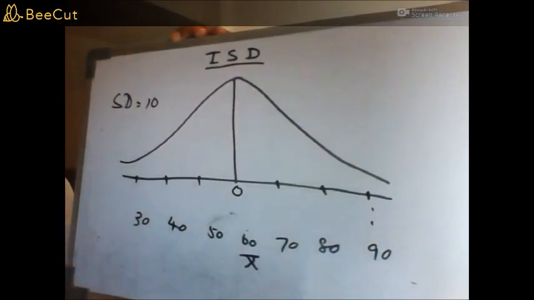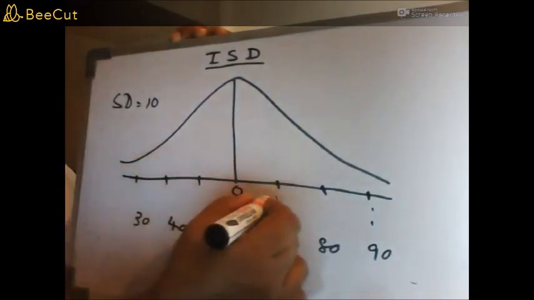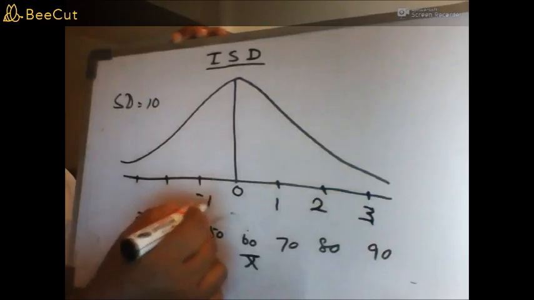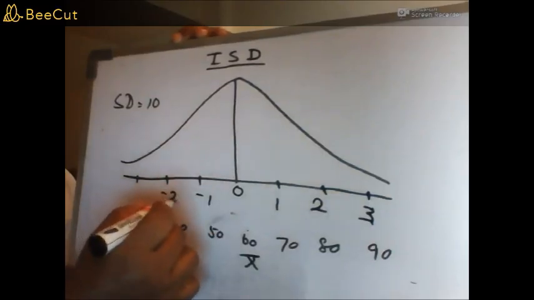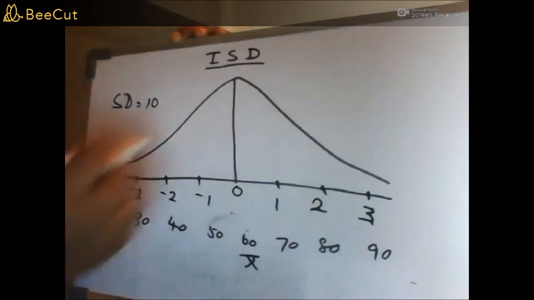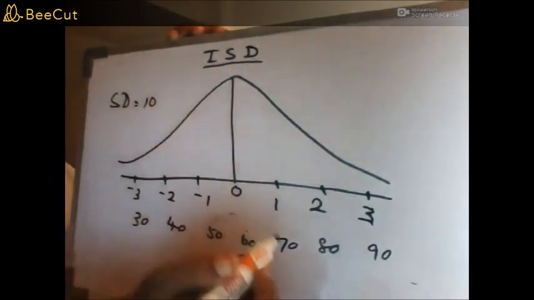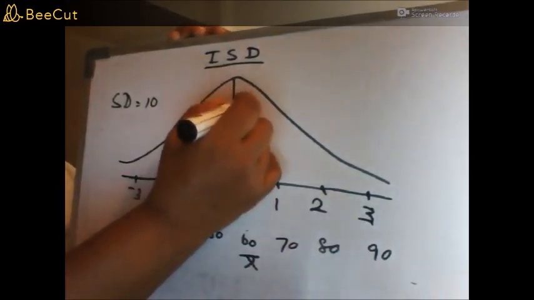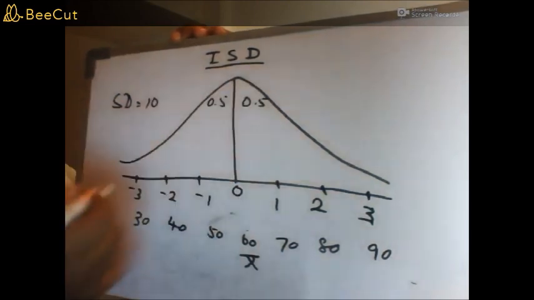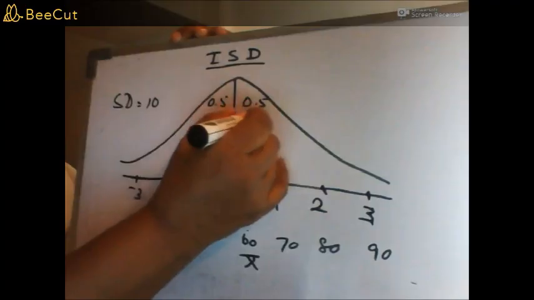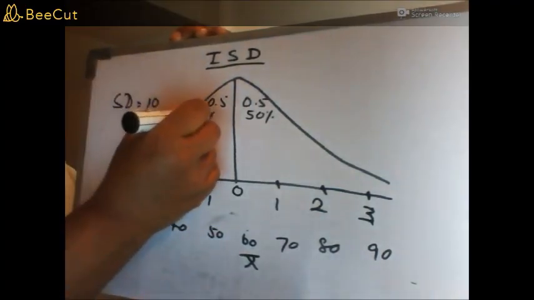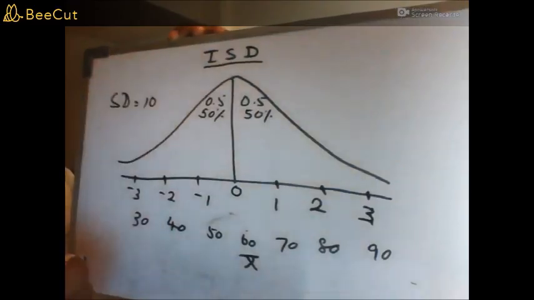I said there are 3 standard deviations above the mean, the plus side, and 3 standard deviations below, the minus side. Now the probability under this curve is 1. This side 0.5, this side 0.5, or 50% of the students have scored above the mean and 50% have scored below the mean.